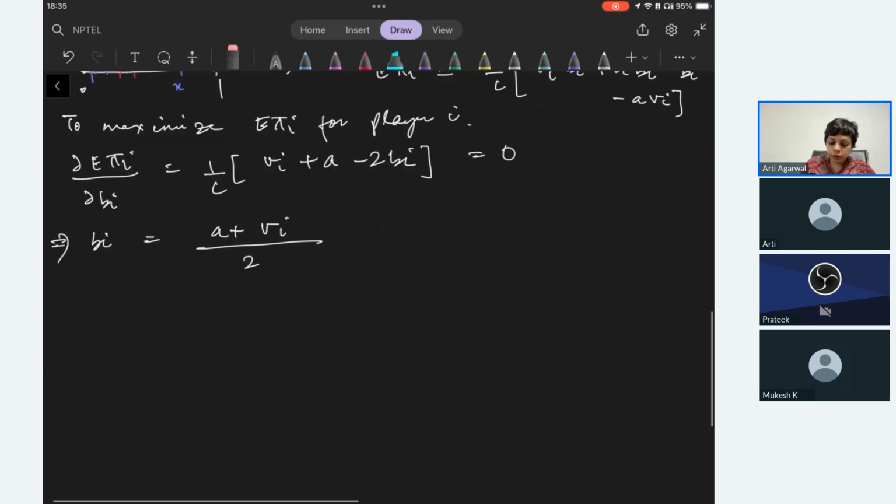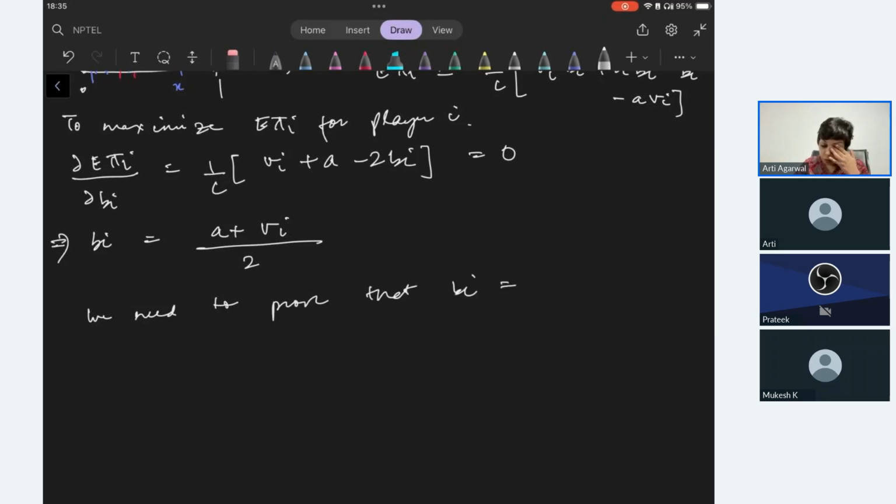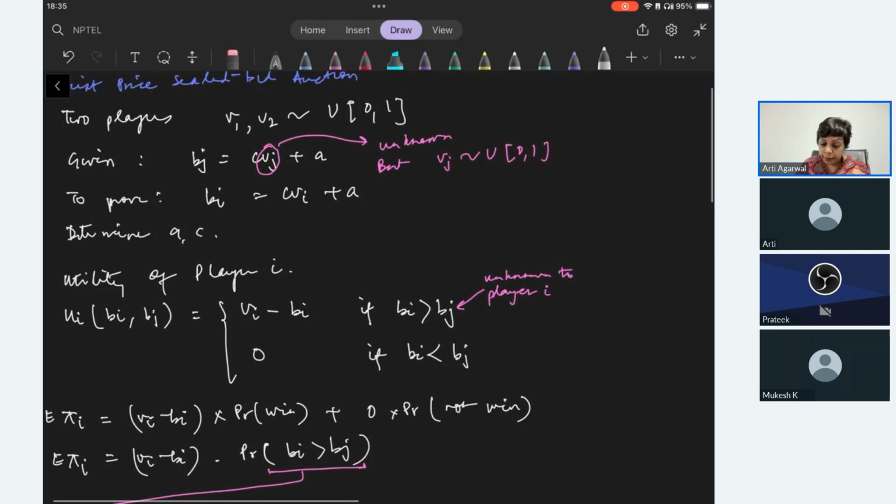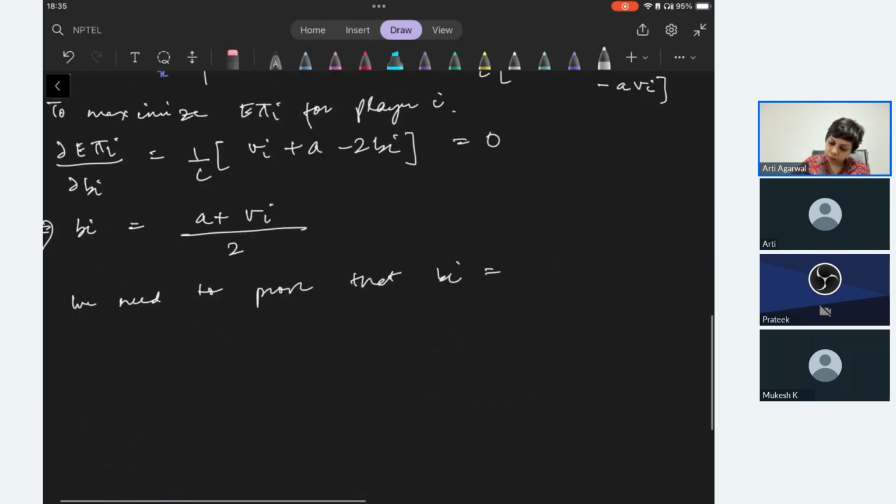Now we need to prove that BI is of the form A plus CVI, what was given. We can see a very similar expression taking shape over here: BI is equal to VI by 2 plus A by 2.